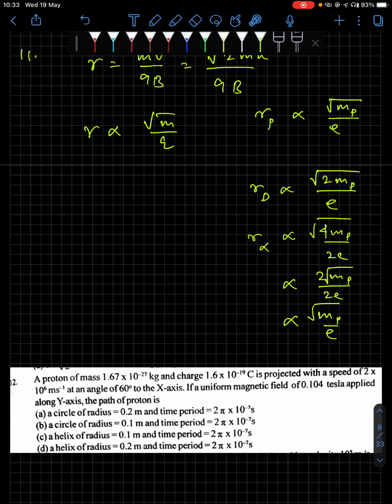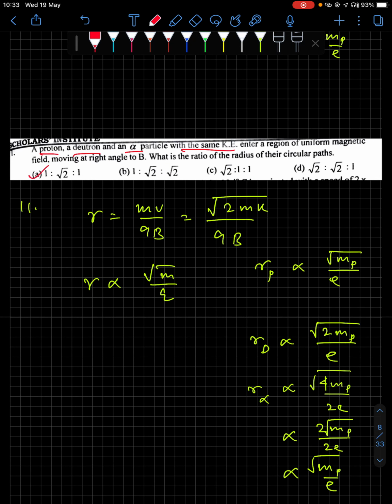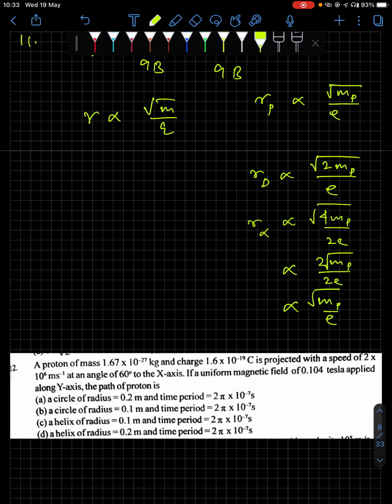If this is 1, the deuteron is root over 2, and this is 1. So 1 is to root over 2 is to 1 is your answer. Option number A.